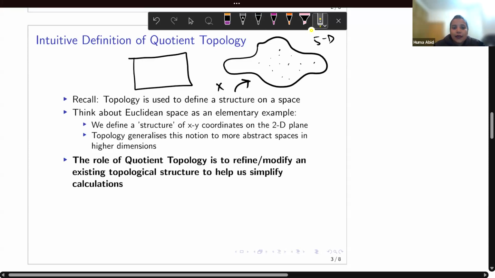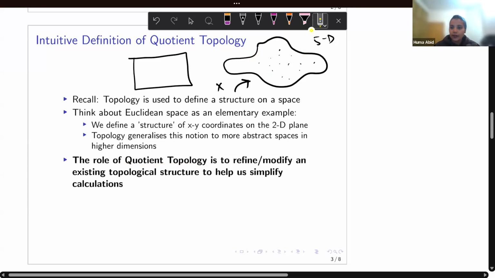To avoid that, what you want to do is say, okay, let me just focus on one particular property of this space and then do mathematics on it. That's where quotient topology comes in. It helps you simplify the structure on this space so that you can simplify your calculations.